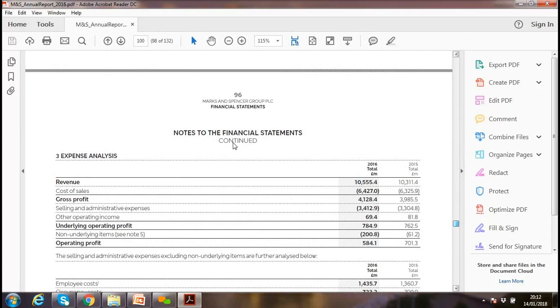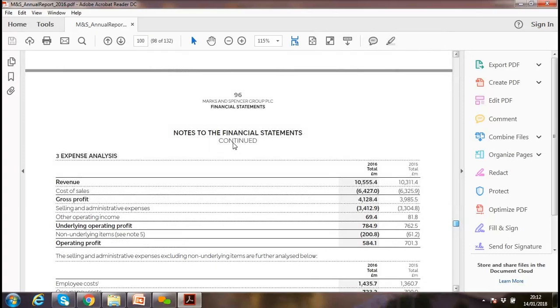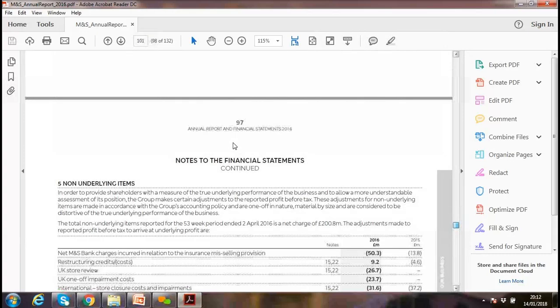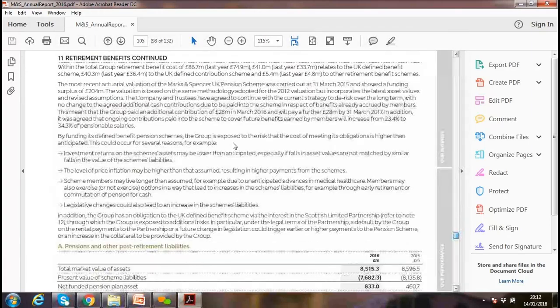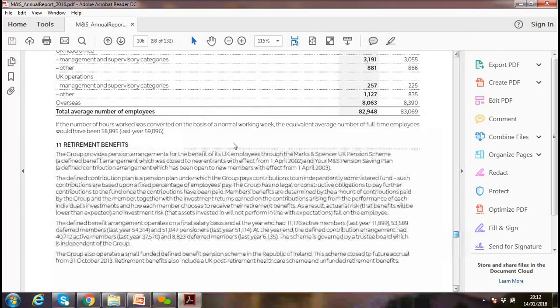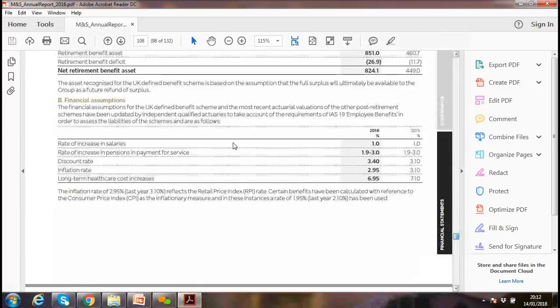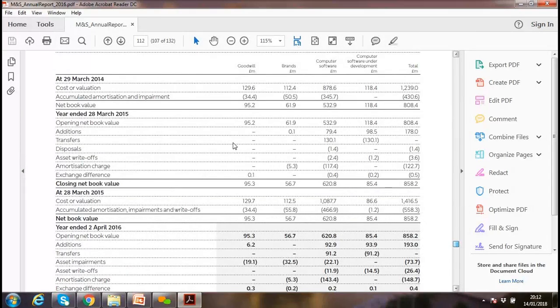These are the financial statements. This is the income statement, which shows revenue, cost of sales, and gross profit. Then we have a balance sheet, which shows all our assets and liabilities, and how much they are worth.